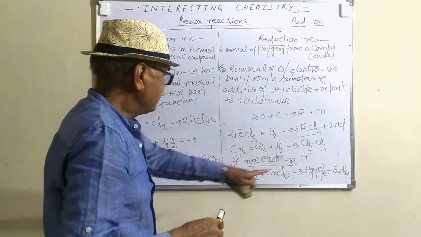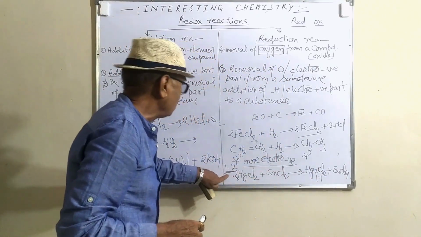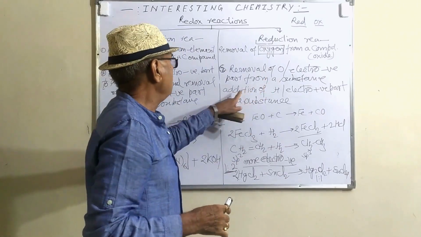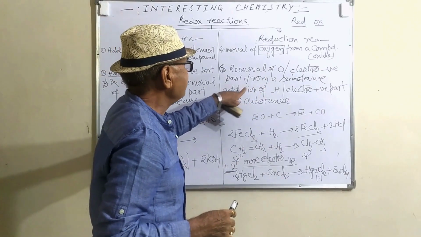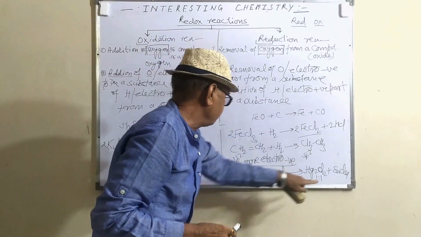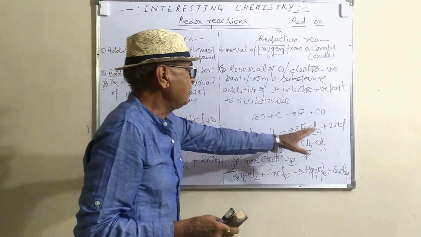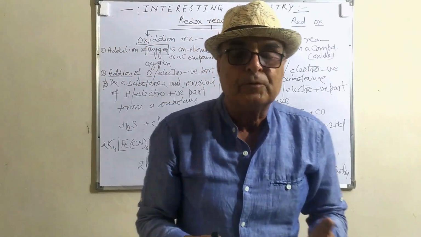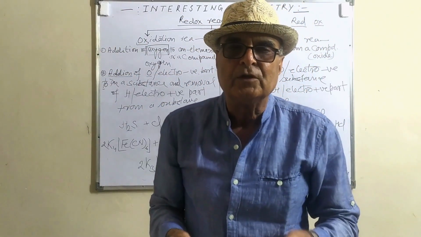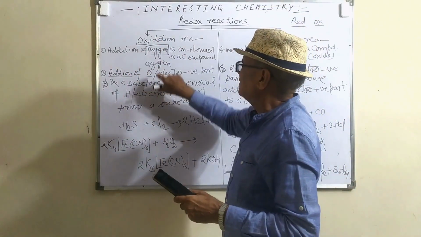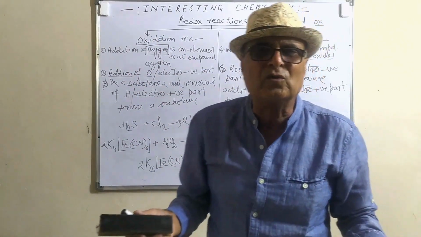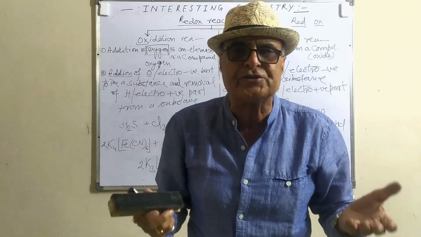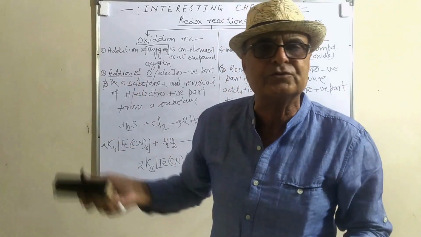So this ratio shows the addition of the electropositive part. So in this way, my dear students, both applications are the old concept of the oxidation reaction or the redox reaction.